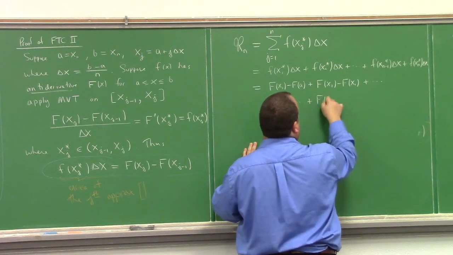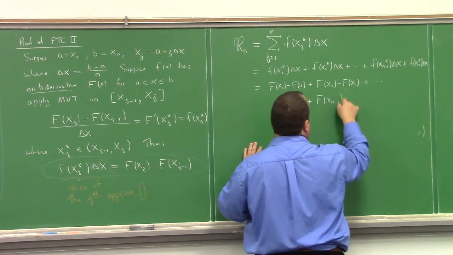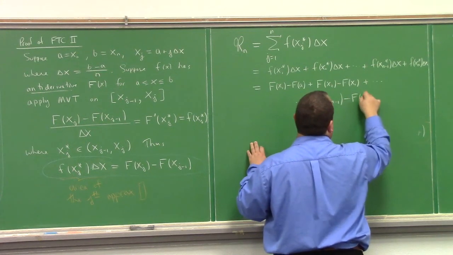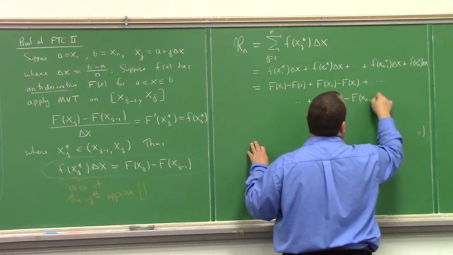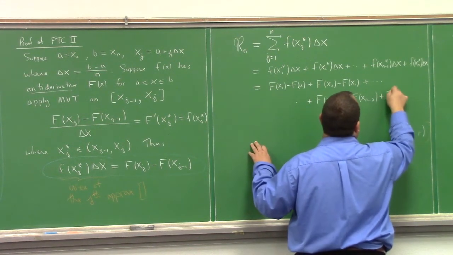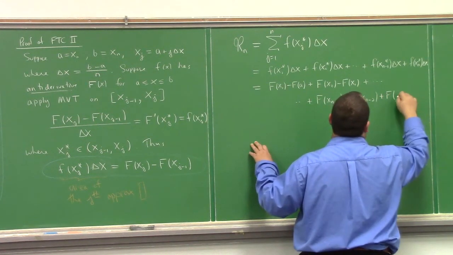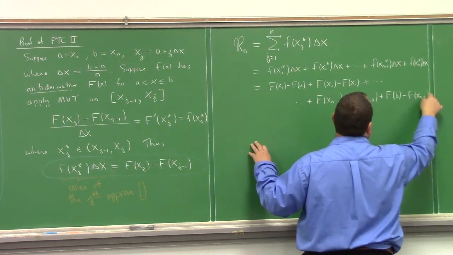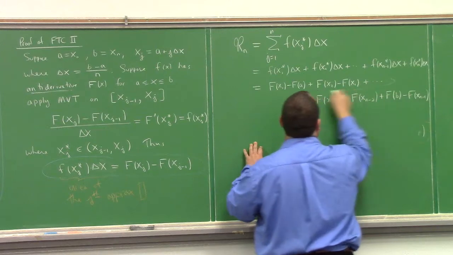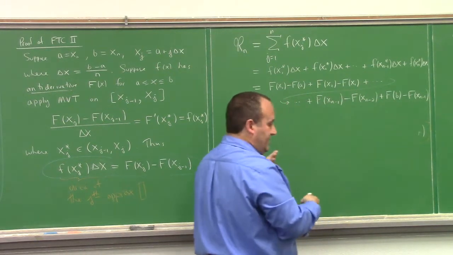Plus, and so on, F of x n minus 1 minus F of x n minus 2. And then finally plus F of x n, which is b, minus F of x n minus 1. All right? And what's happening?